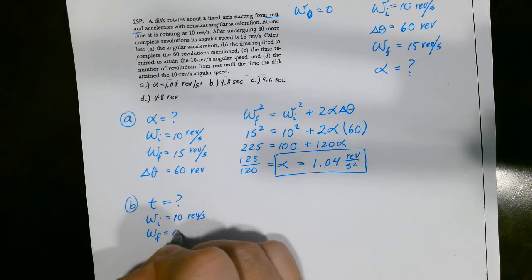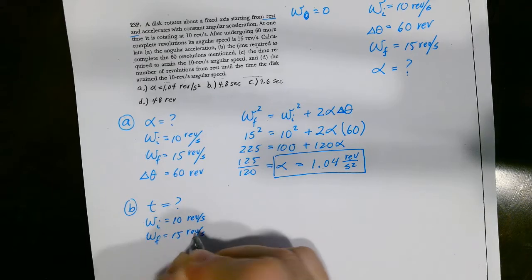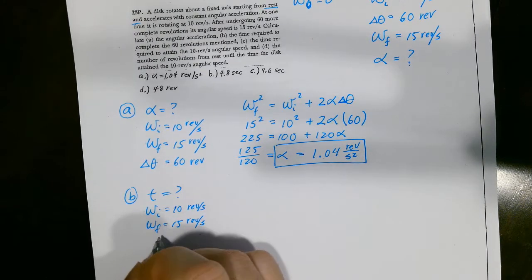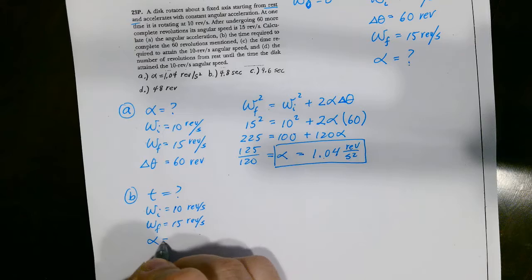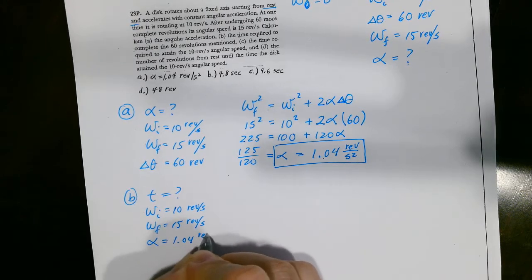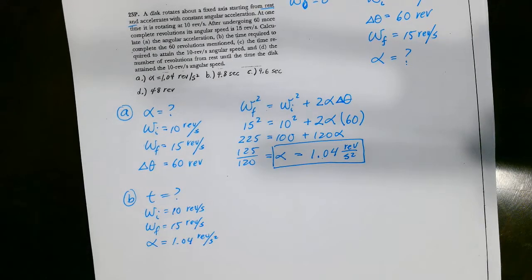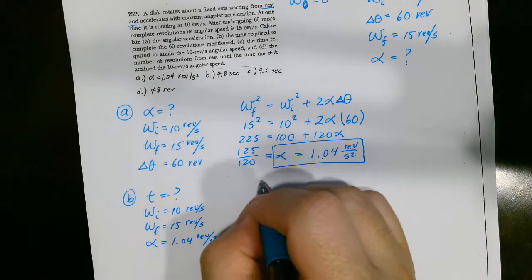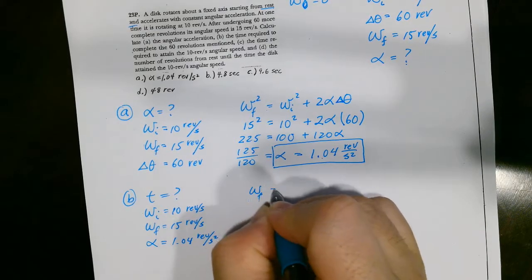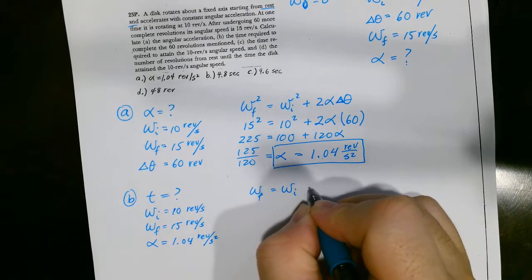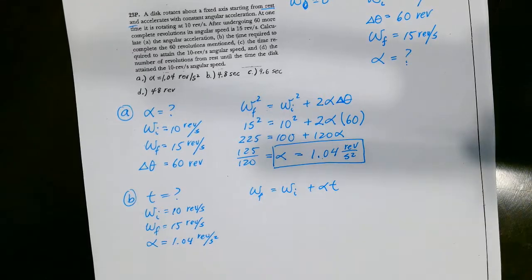Omega final is 15 revolutions per second. We know alpha now is 1.04 revolutions per second squared. So we can find time using equation number 1. So omega final is equal to omega initial plus alpha t.